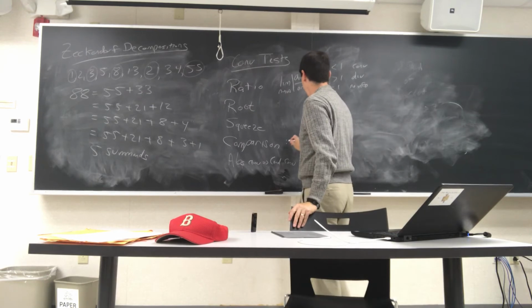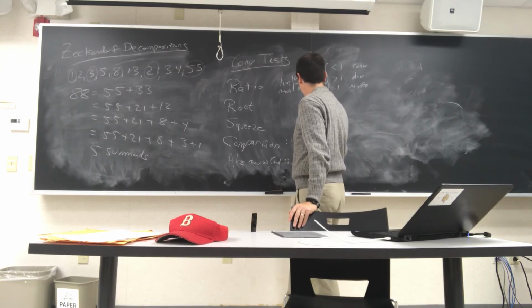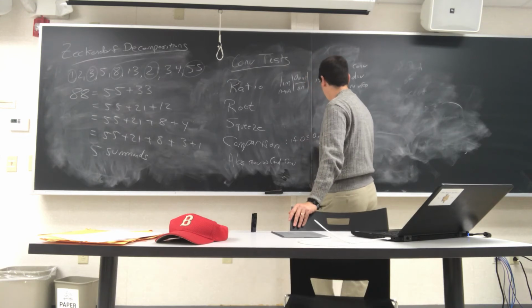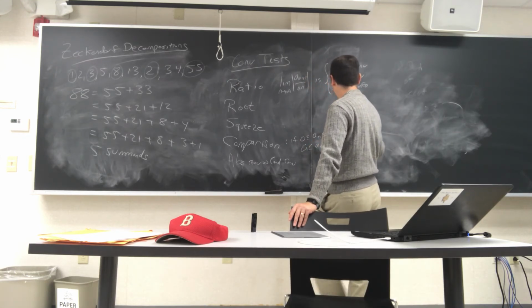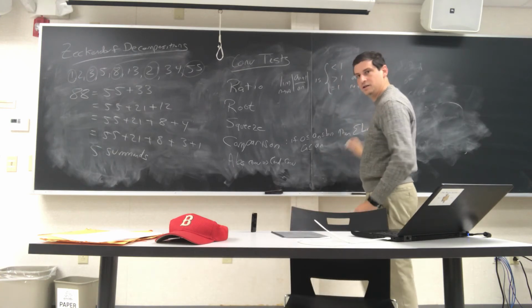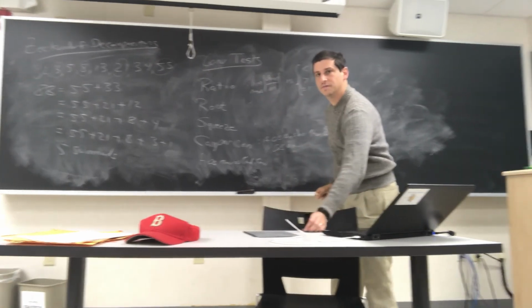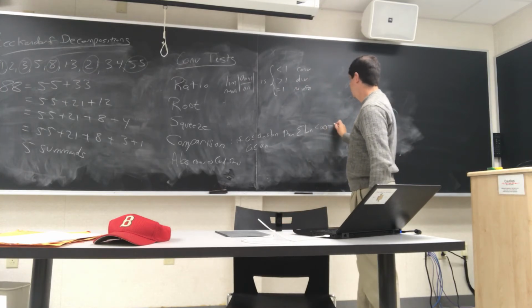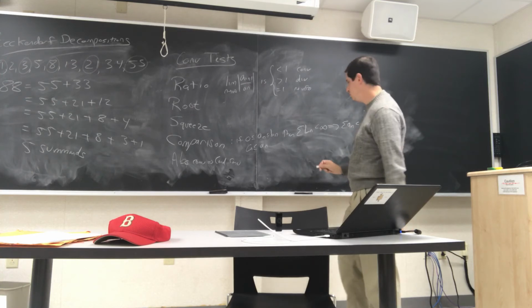So for instance, if say 0 is less than or equal to a_n, less than or equal to b_n, and c_n is less than or equal to a_n, then if the sum of b_n is less than infinity, that implies the sum of a_n is less than infinity, so a_n converges.